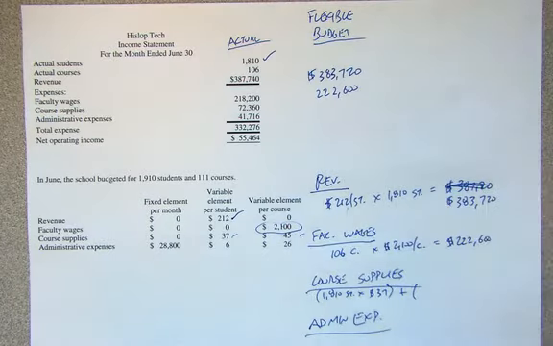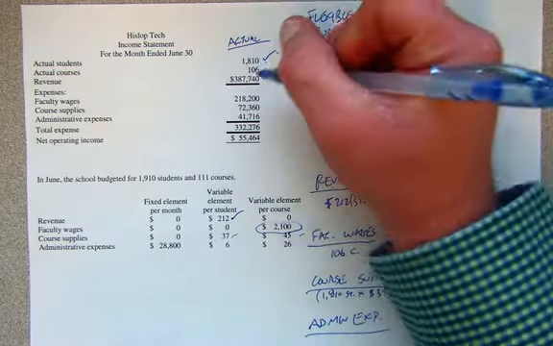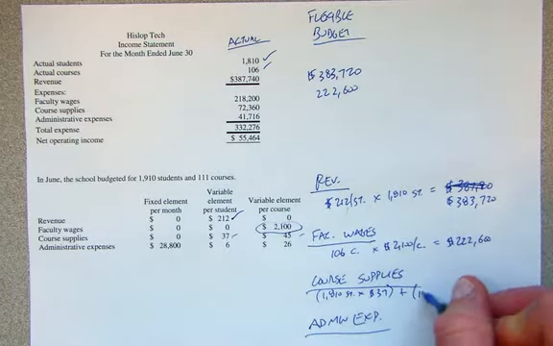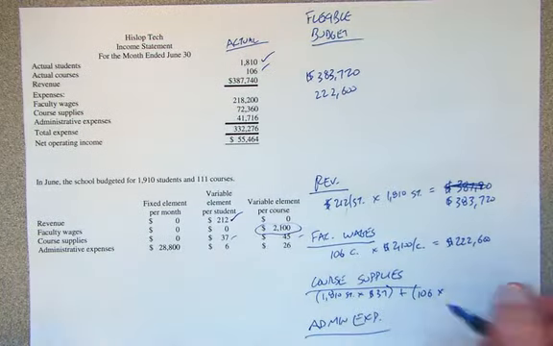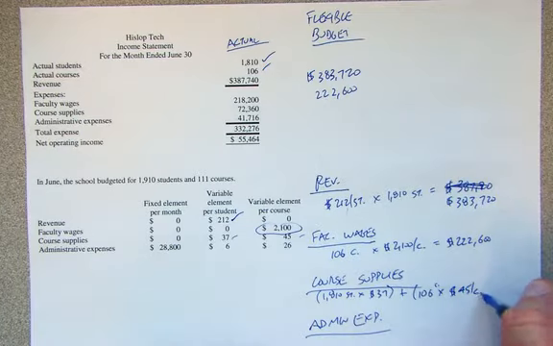So every course needs maybe some markers or paper or whatever supplies, some tools or something like that. So we offered 106 actual courses, and the expectation is $45 per course. I'll label that properly as well. And that would tell us that our supplies expense should be $71,740.